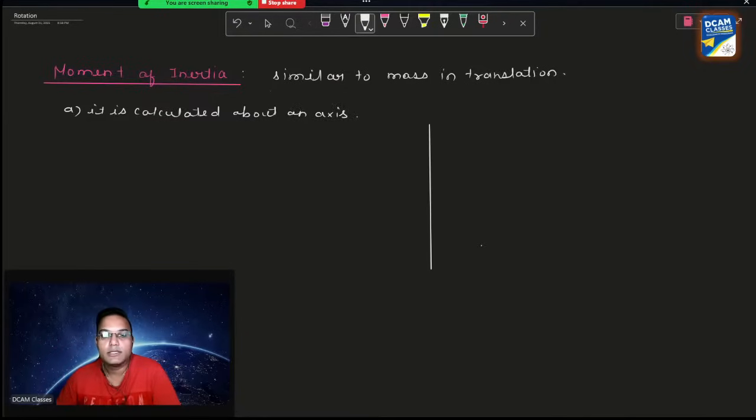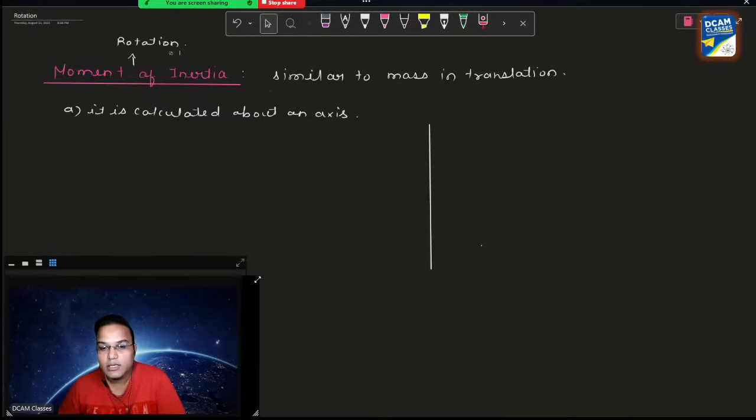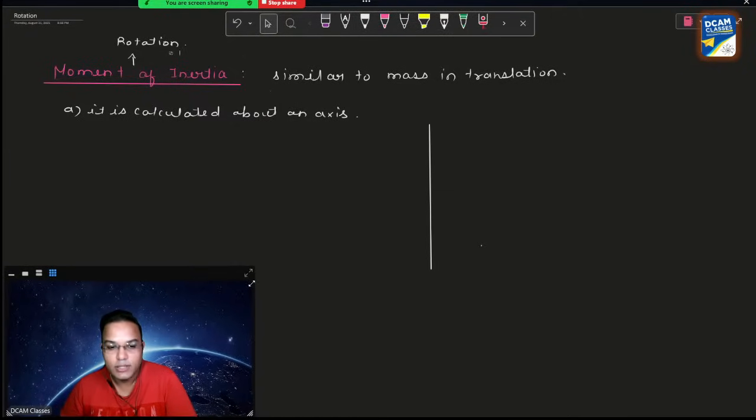Moment of inertia is associated with rotation. So if a body is rotating, it should be rotating about some axis. If it is not rotating about some axis, there is no point of moment of inertia. This term came when we talk about rotation. That's why there should be an axis about which it is rotating.